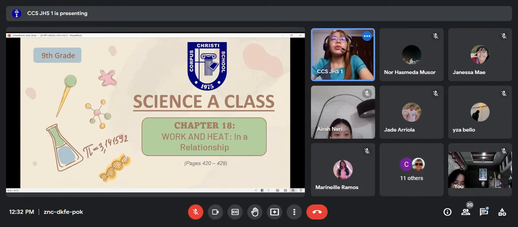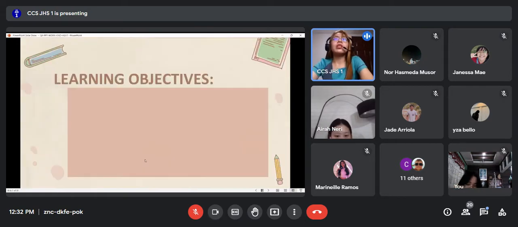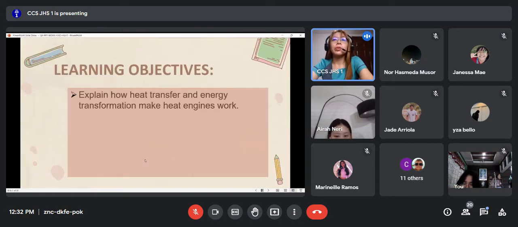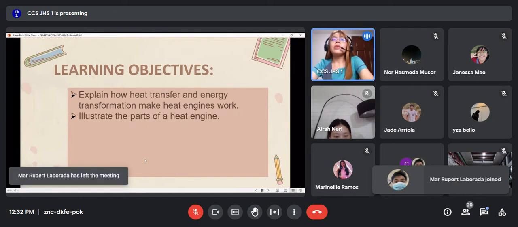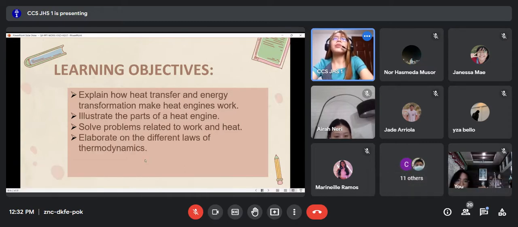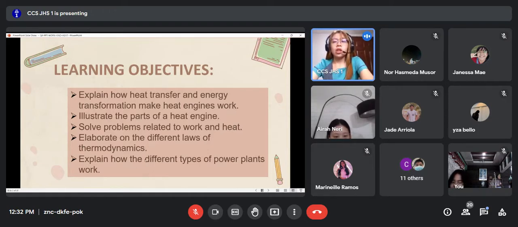So these will be our objectives for module number 1. Explain how heat transfer and energy transformation make heat engines work, illustrate the parts of a heat engine, solve problems related to work and heat, elaborate on the different laws of thermodynamics, and explain how the different types of power plants work.